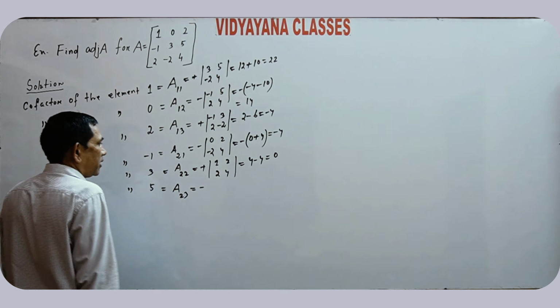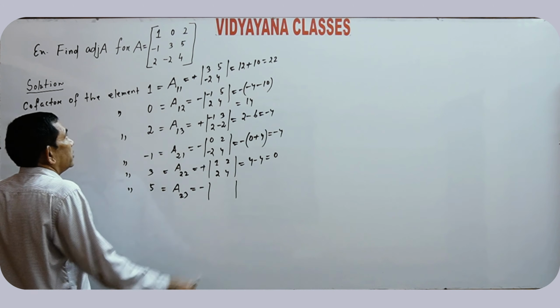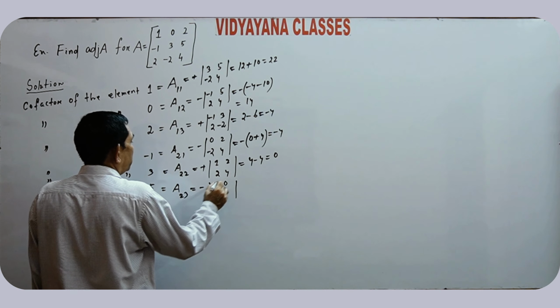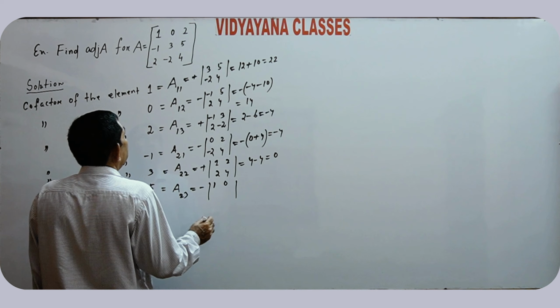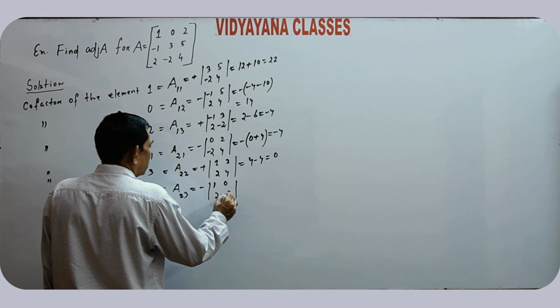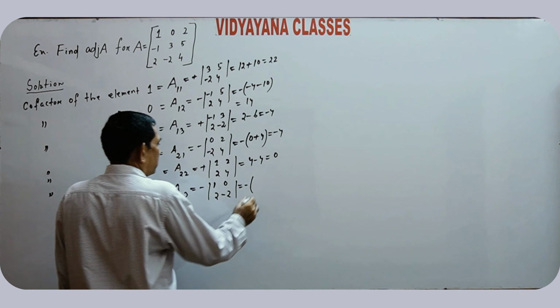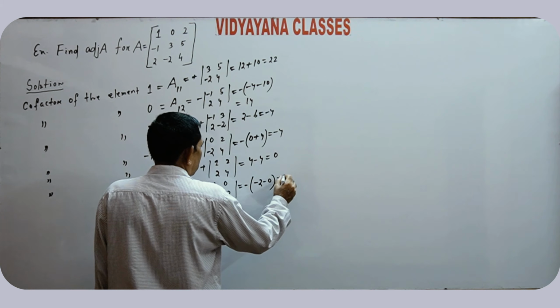Its sign is negative, into the determinant obtained by deleting the second row and the third column, having elements 1, 0, 2, minus 2, which is equal to minus of minus 2 minus 0, is equal to 2.